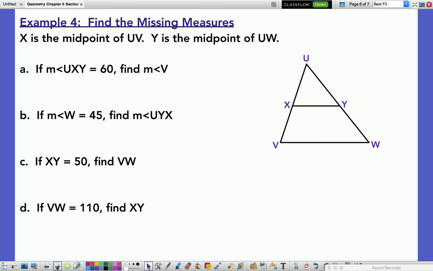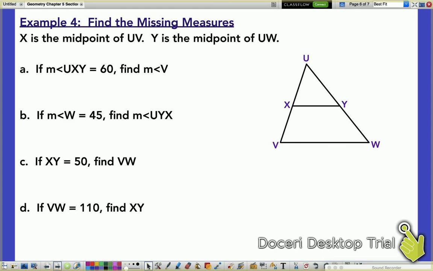All right, now in this problem, each letter A, B, C, D is actually different. It doesn't go off of one another. Okay, so let's remember that. Now, we need to also remember that those two lines are parallel.